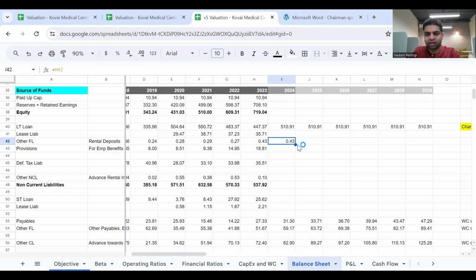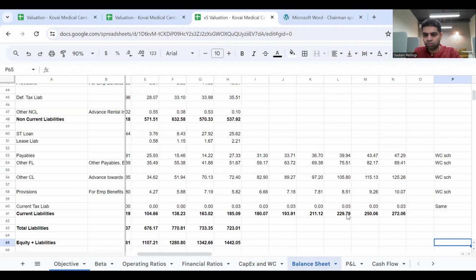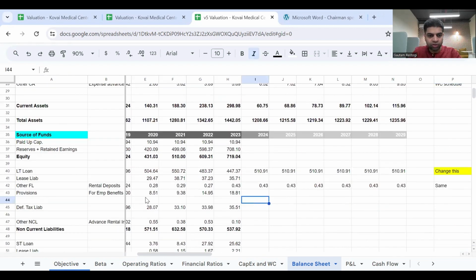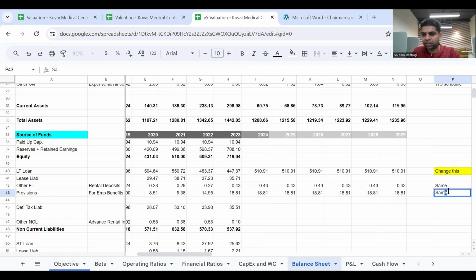Let's just assume that they remain the same. And then provisions. Again, for employee benefits, you could model them based upon sales or cost of goods sold. But for now, let me assume that they are the same, and we can always come back and change it.